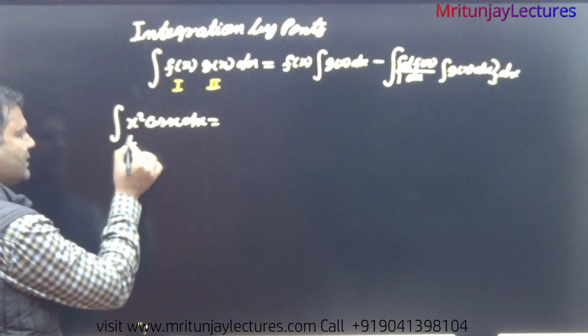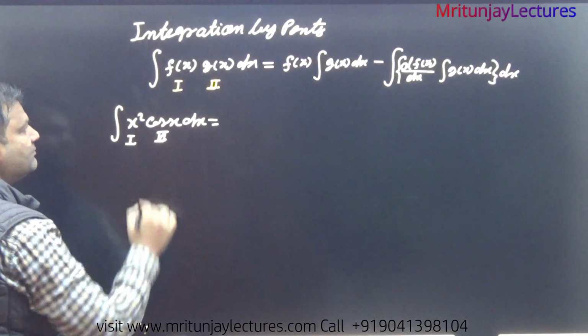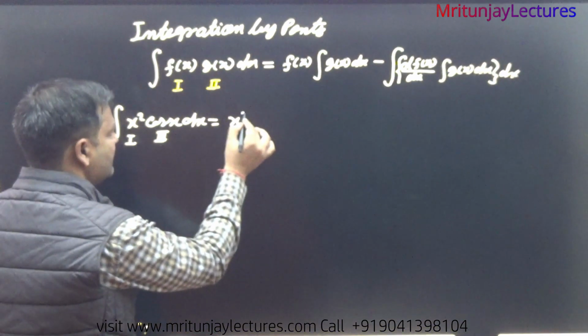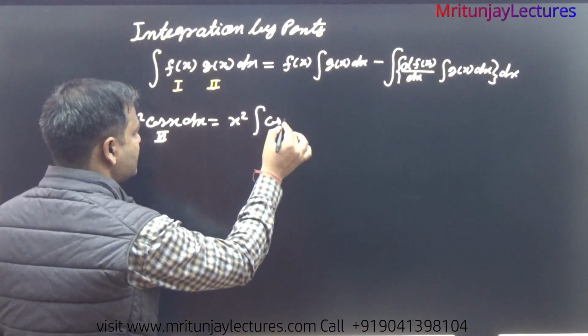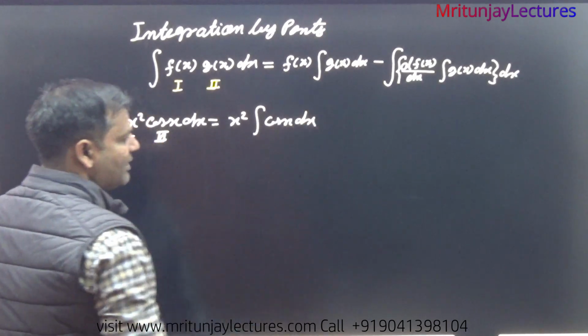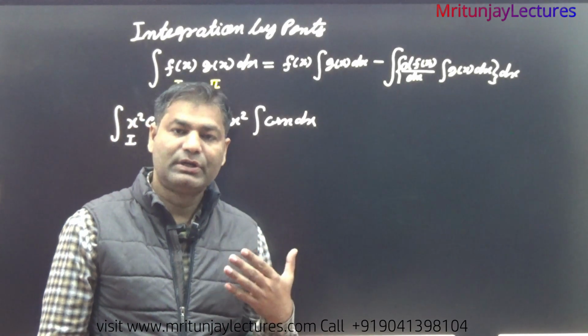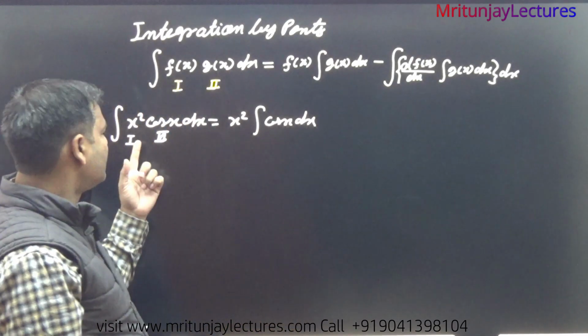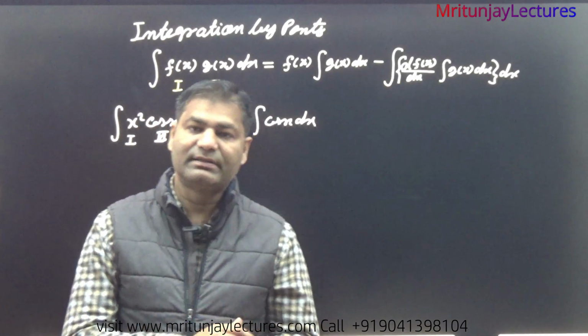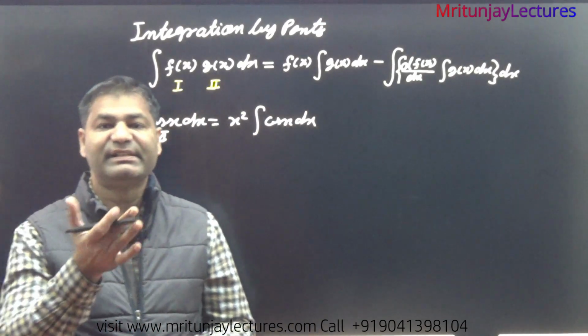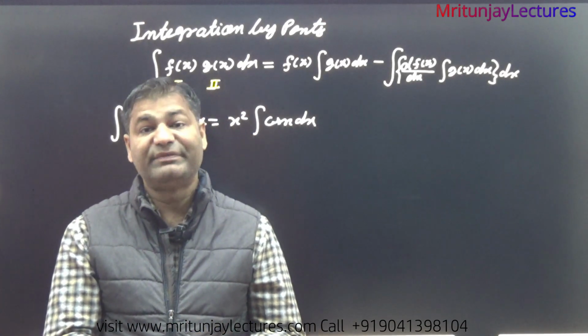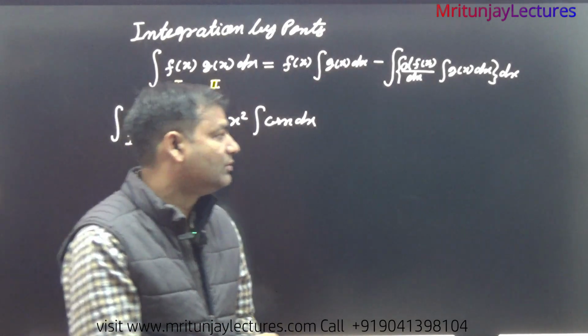Always first and that one second. Okay, so first into integration of second, cos x dx. Why have you taken this? If polynomials are integrated, then the power increases, but if you differentiate, then the power decreases. How?